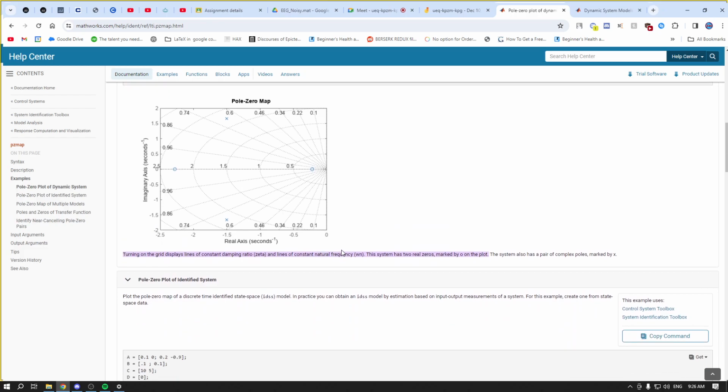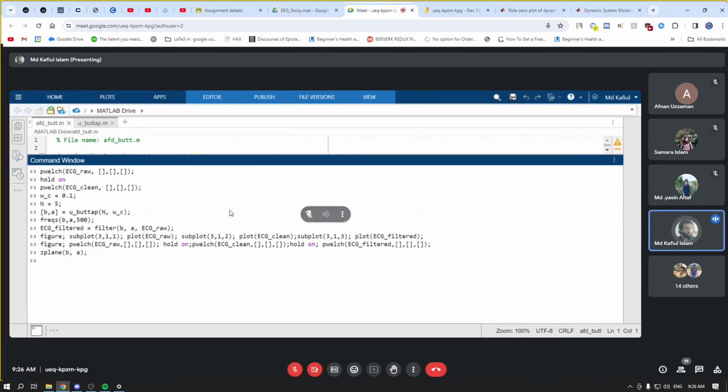What are the specifications required for FIR filter design? Tell me. Passband and stopband ripples, and omega P and omega S. Okay. So let's see if we have an example on FIR filter or not.